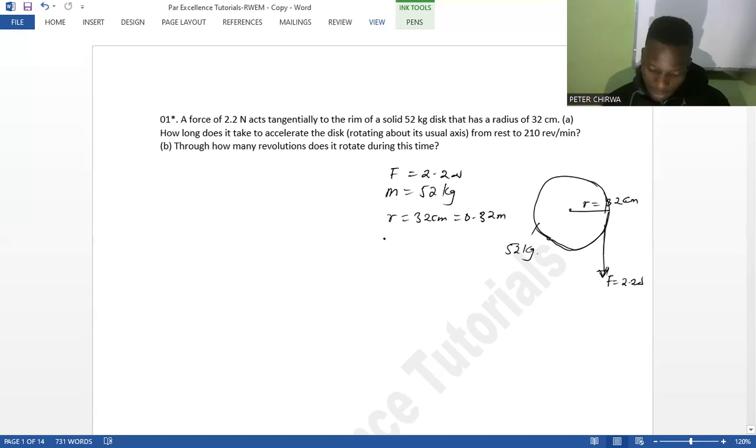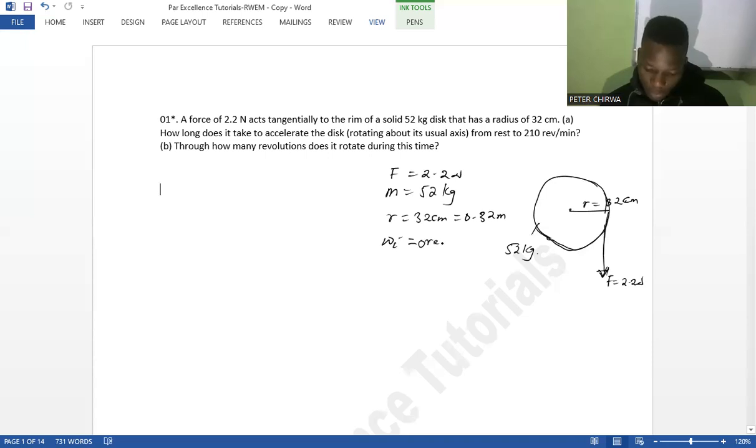And we have also the initial angular velocity. We've been told that this disc has started from rest, so the initial angular velocity here is 0 rad per second or rev per minute. All right, so let's put it into rev.